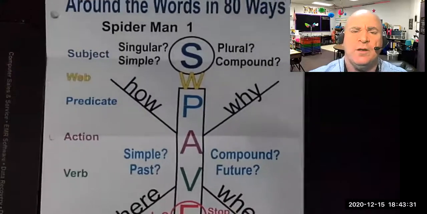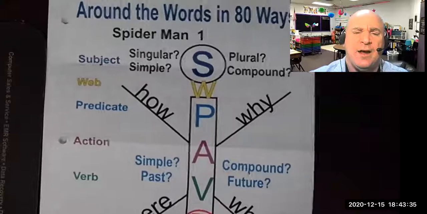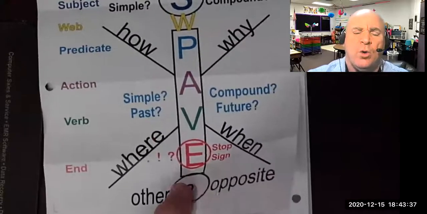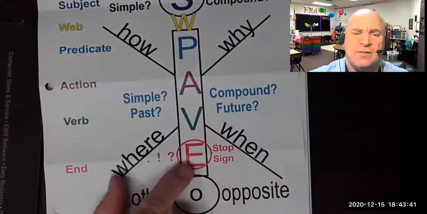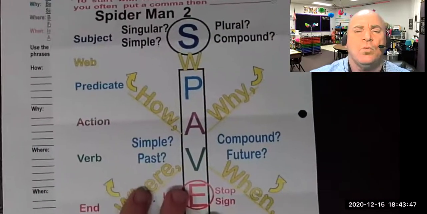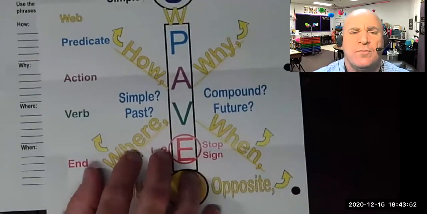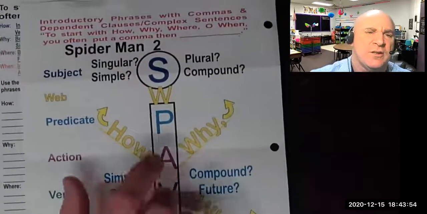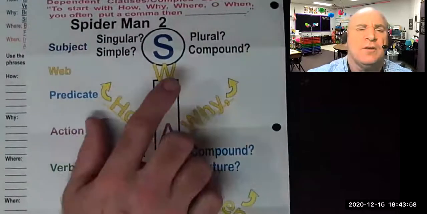So when we studied Spider-Man 1, we showed you that you can add how, why, where, oh, other opposite, or when, and then you'd have your stop signs. But in this case, we're going to learn what happens when we start with one of those, whether it's just an introductory phrase or whether it's a dependent clause.